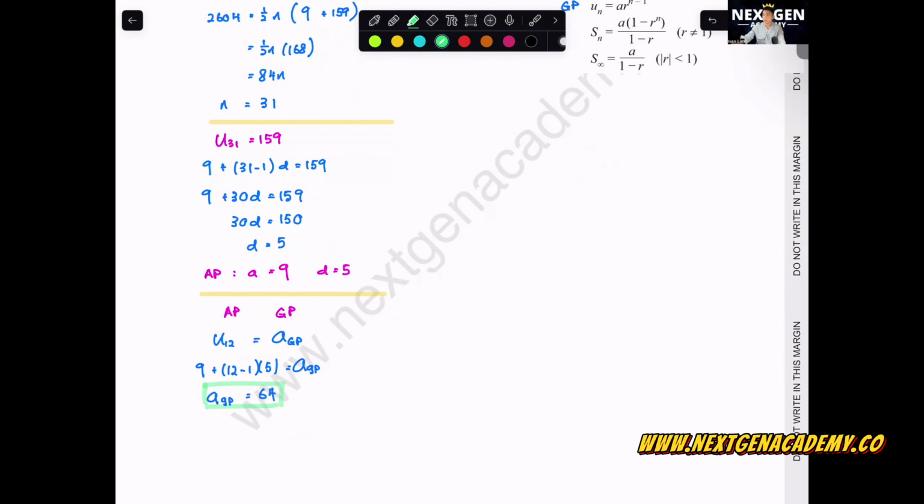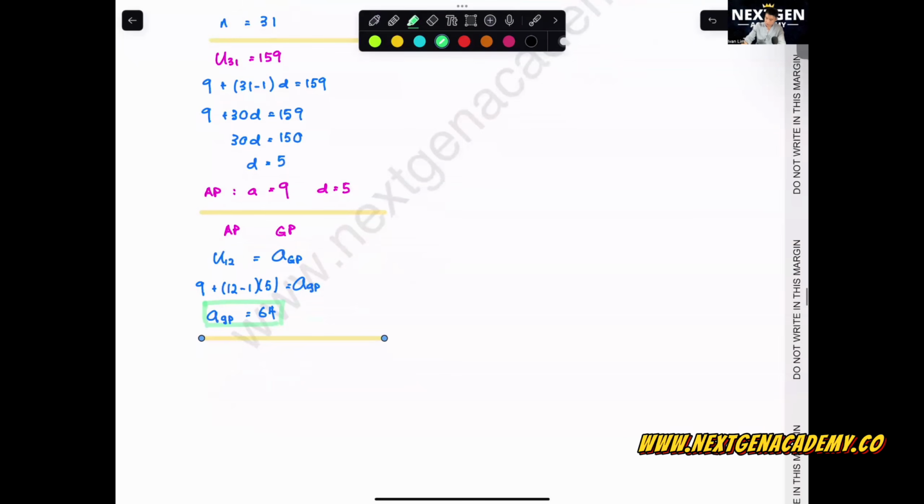Then the second statement: the 8th term of the arithmetic progression is equal to the second term of the geometric progression.